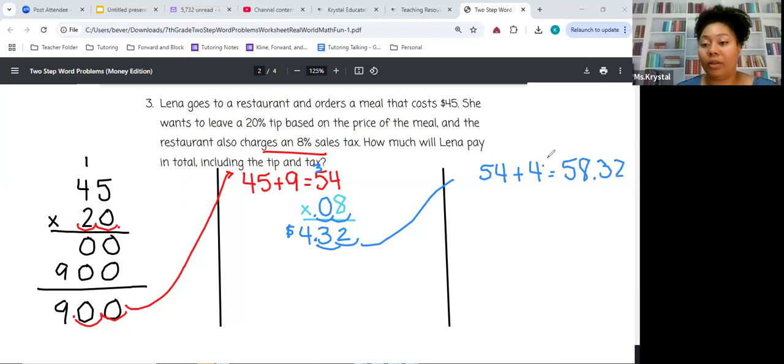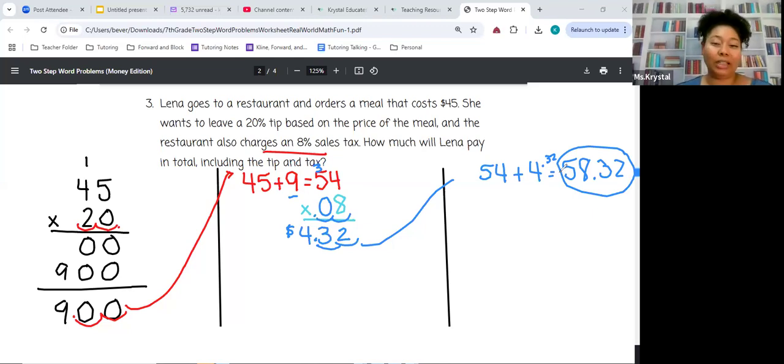I didn't write the 0.32 here, so that 0.32 is kind of floating. Apologies. So we have $58.32 is what she's going to pay, including the $9 of tip, including the $4.32 of tax. So final answer for Lena, she better have $59 when she goes to the restaurant.